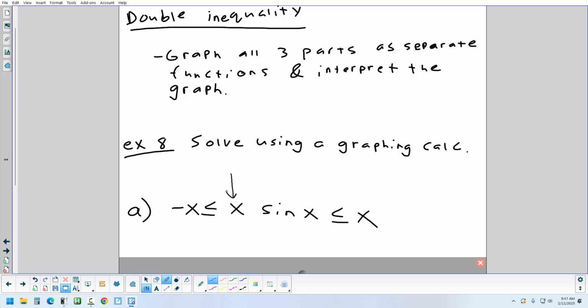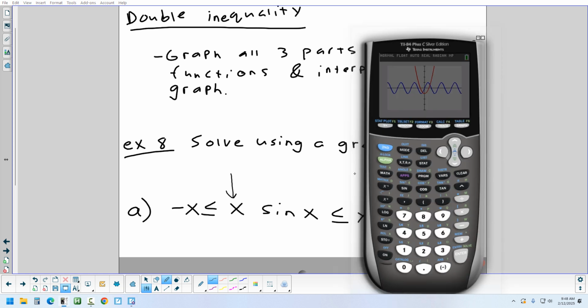This is a variable in front of a trig function, so what's going to happen here is a variable vertical stretch. As you get towards the origin, the wave is really small, and as you start moving away from the origin, the wave gets more and more stretched out. Well, let's graph and see what we've got.